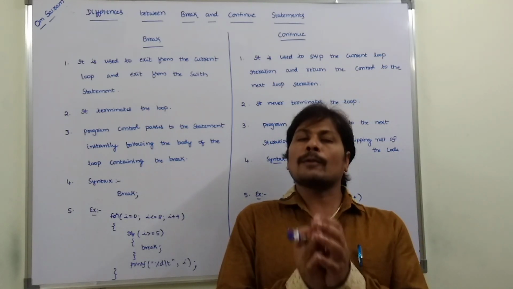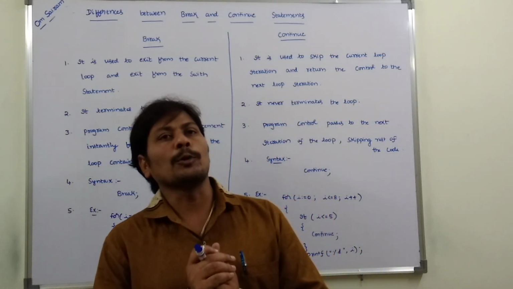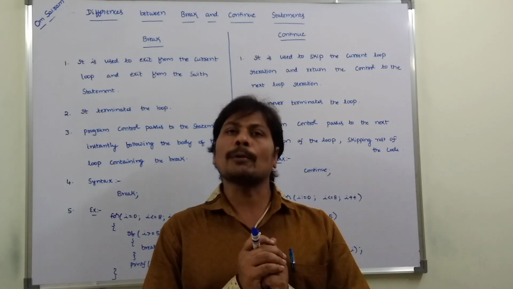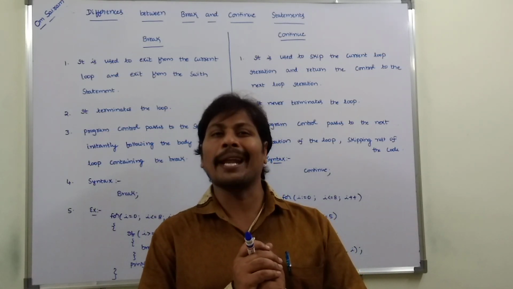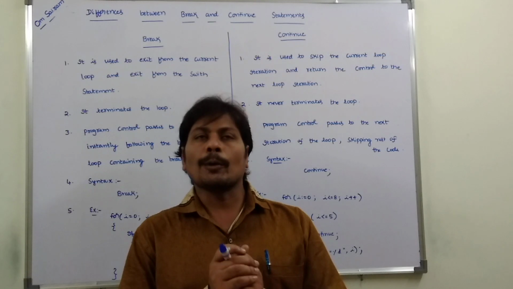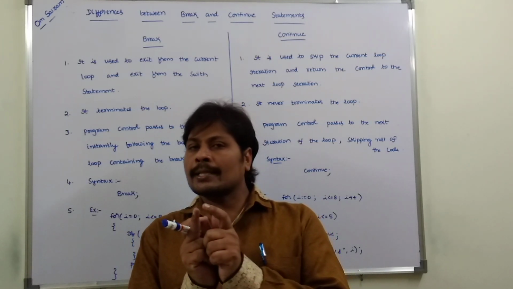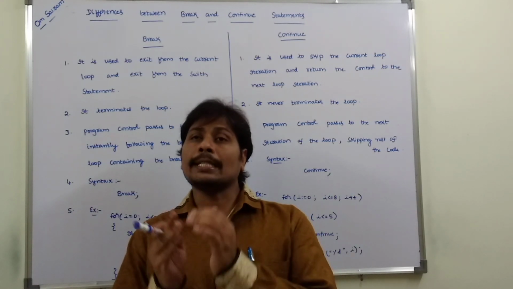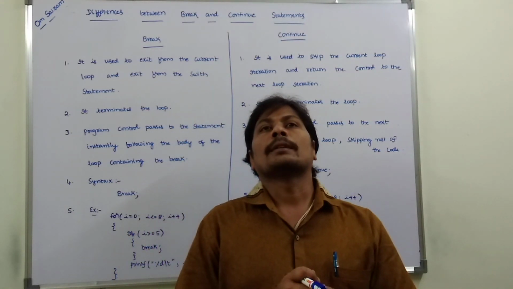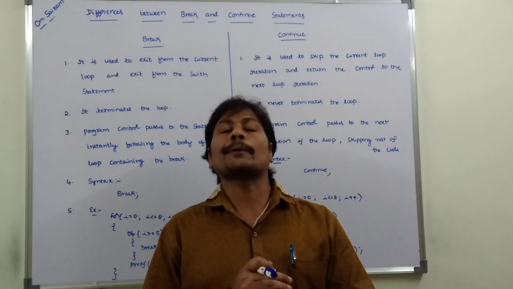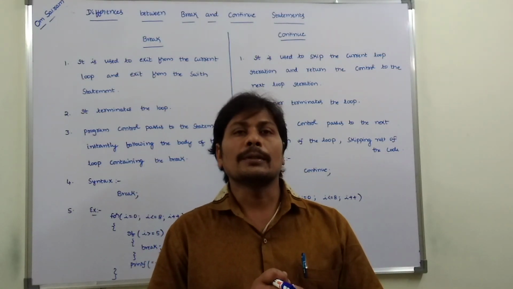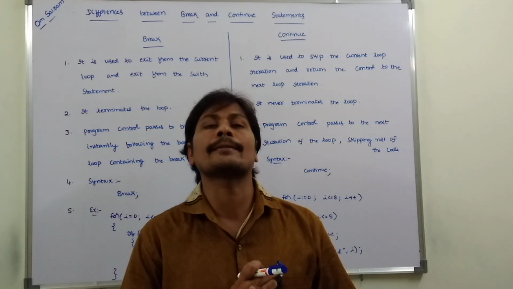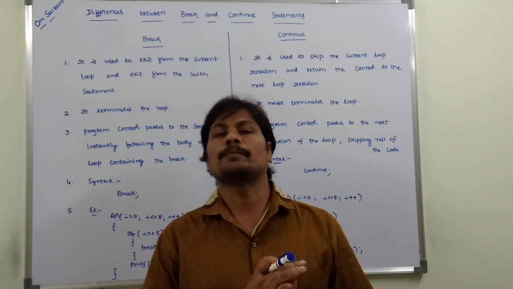Suppose we take a for loop. In the body of the for loop, suppose we write a break statement. Whenever a break statement is encountered in the for loop, it immediately jumps the program control from the current loop to the next statement after the closing brace of the for loop.